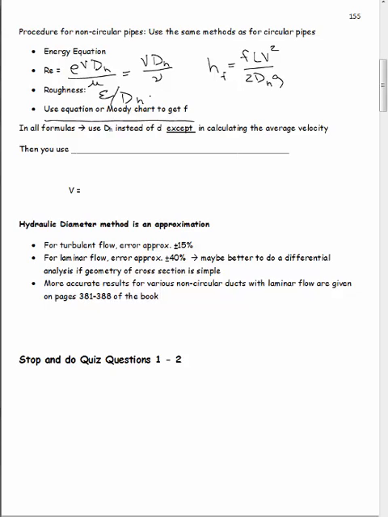So if it is the velocity, the average velocity, or Q that you're calculating, then you want to use the real cross-sectional area. So V here is Q over A. This A needs to be the real area, the same area you used when you calculated DH.